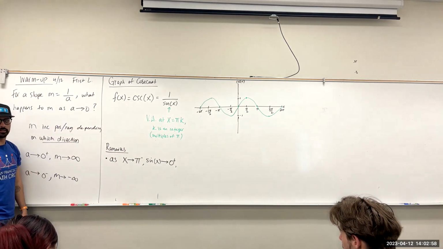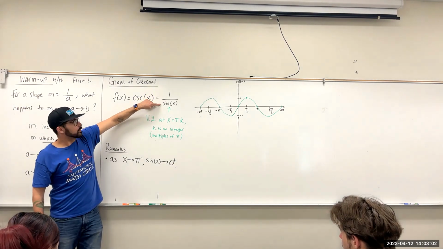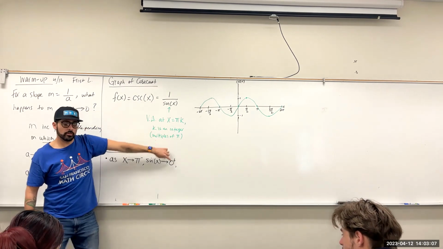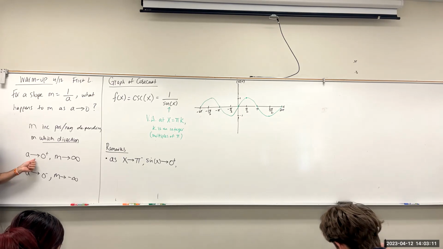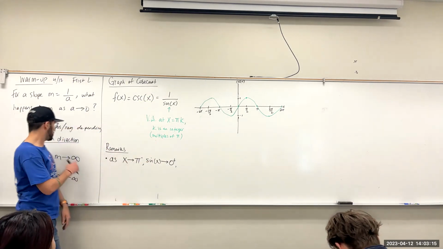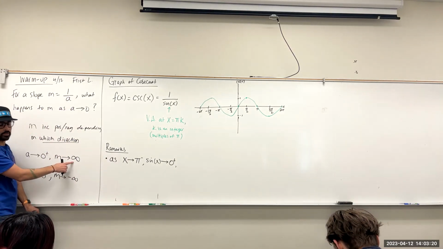Exactly. Now, cosecant is 1 over sine. So it's like we're approaching 1 over something approaching 0 from the positive side, the way this was doing. So if I'm approaching 1 over 0, where I'm approaching 0 from the positive side, the overall fraction is going to be approaching positive infinity.